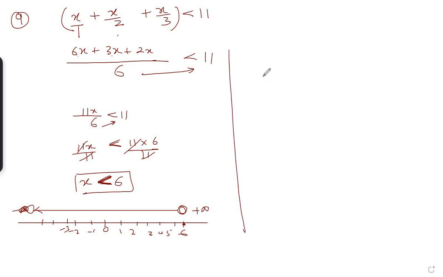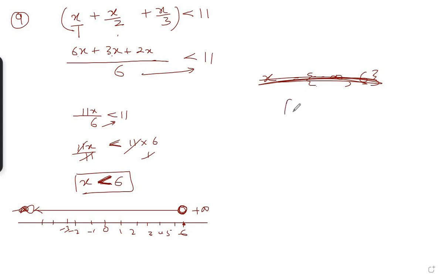Another way of writing the answer is x belongs to minus infinity to 6, in brackets. 6 is not included, and infinity is never included. So for infinity, what do we use?